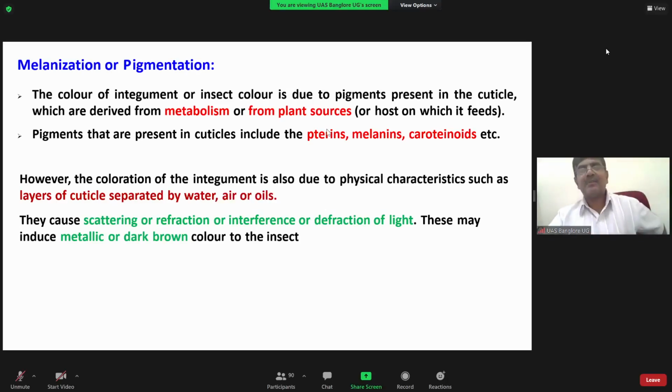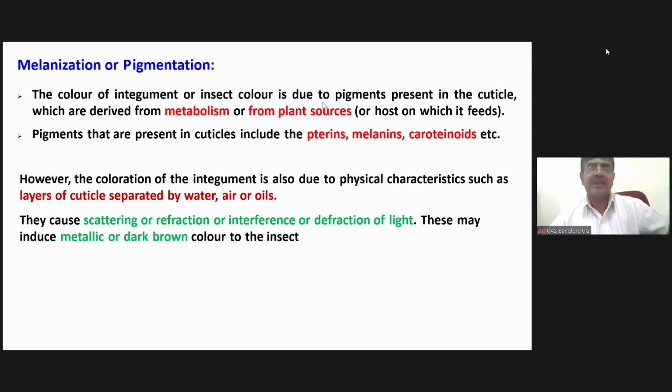Whatever pigments they acquire from the plants, they impart color to the insect body. You might see insects that are green, brown, or black in color. These colors are not synthesized in the insect body; they are acquired from the plants, and those are reflected in the insect cuticle.